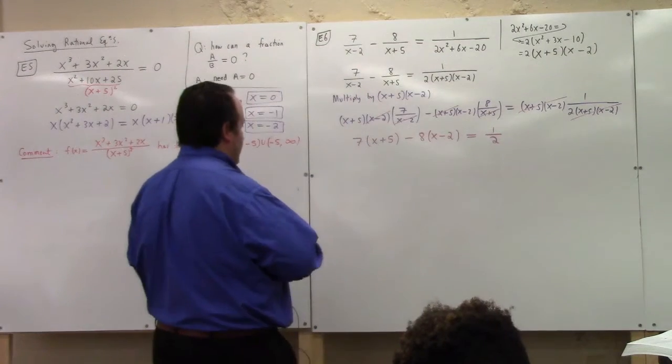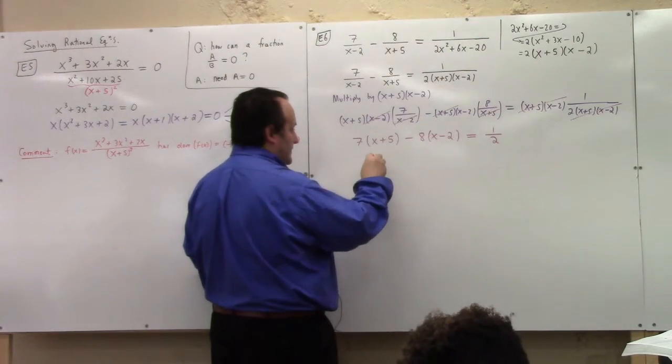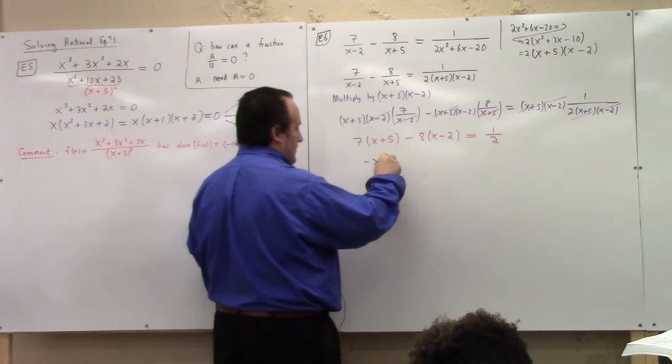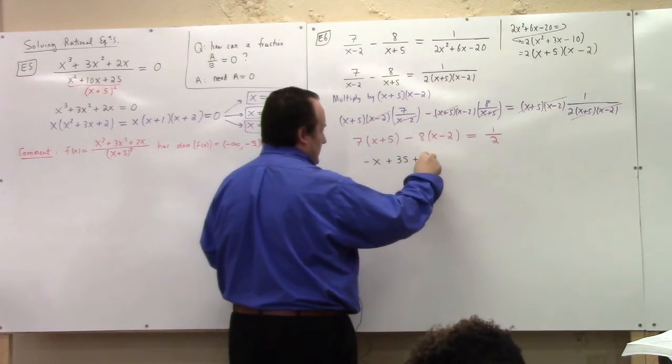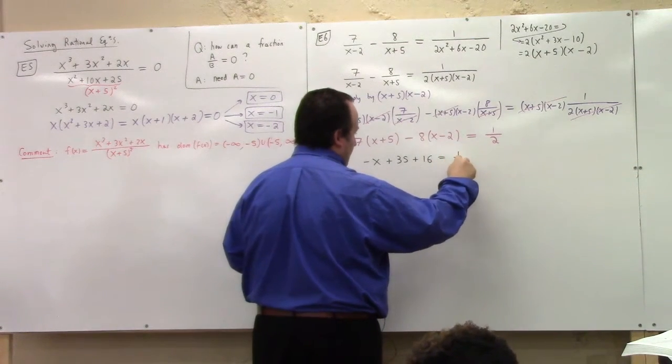Let's see here. So that gives us 7x minus 8x, which is minus x, plus 35 plus 16 equals 1/2.